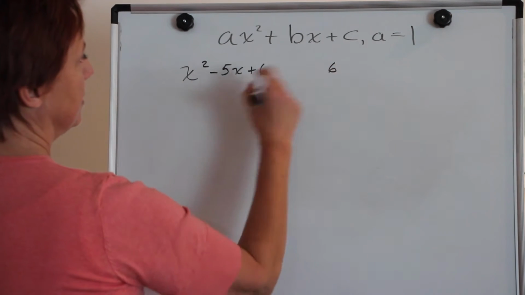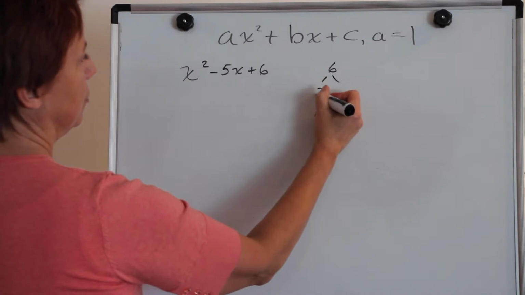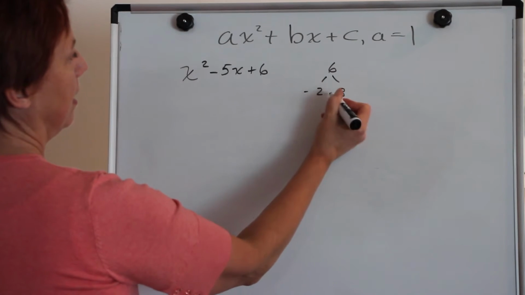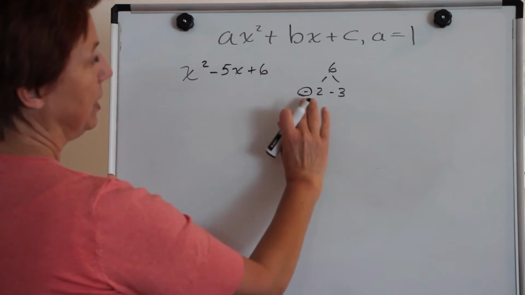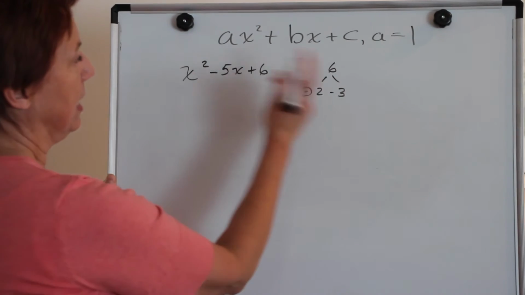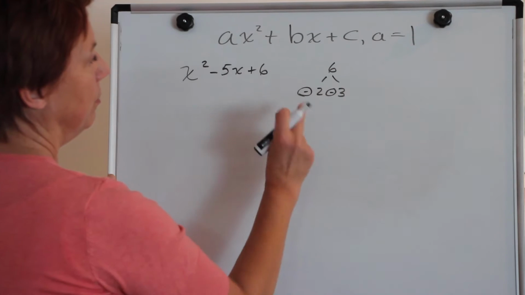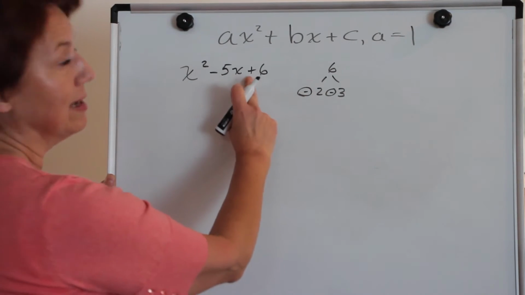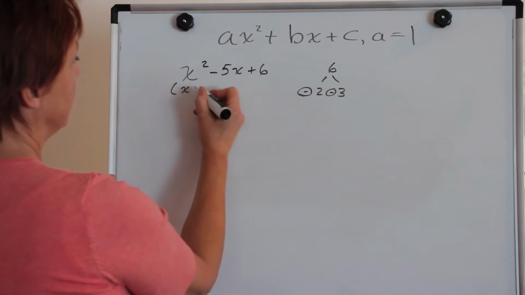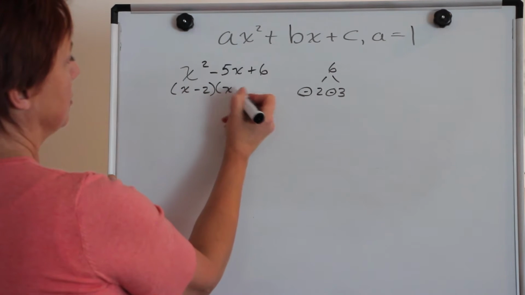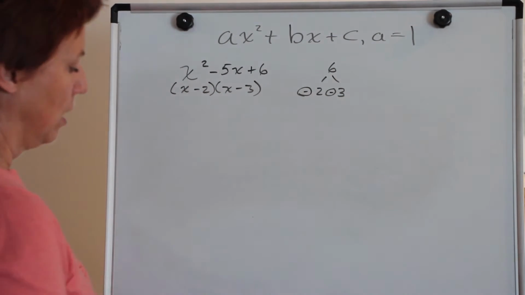We put the 6 there and we would get a 2 and a 3 hopefully, and put minuses on both of them because we need minuses on both in order to get -5. Then we multiply those two signs and ask ourselves, are we getting this sign? If we are, we've got the right numbers, the right signs, and we just write out our factors.